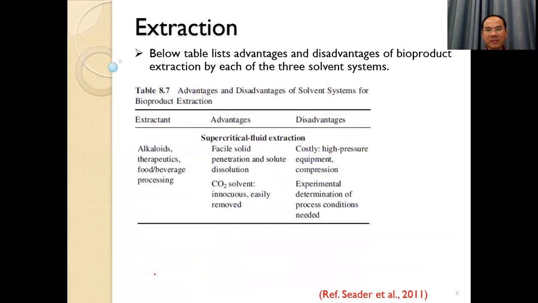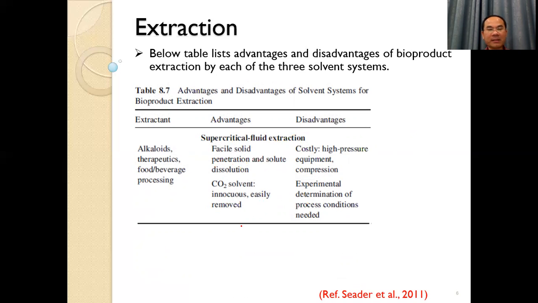And the last one is supercritical fluid extraction. The advantage is good solid penetration. If we use CO2 as the solvent, it is non-toxic and easy to remove.